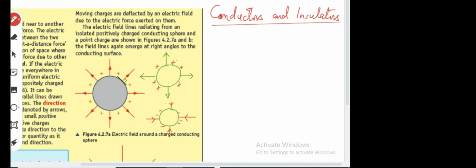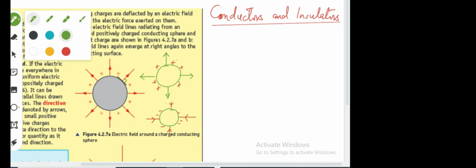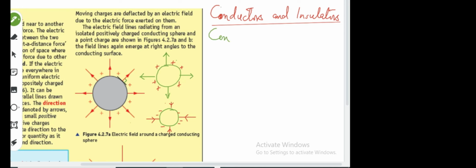So I can just write a simple note. You already mentioned that conductors are materials that allow charges to pass through them easily. So conductors are materials that allow charges to pass through them easily.